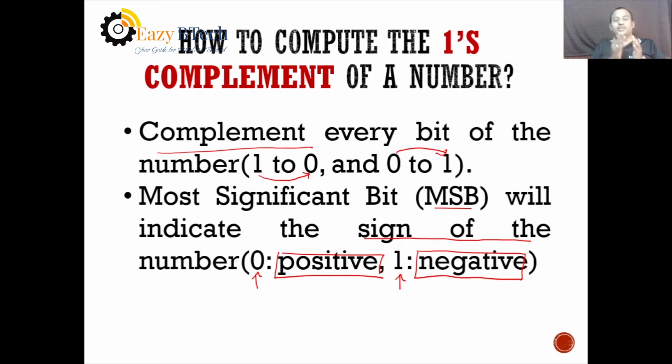So positive numbers will have 0 in the MSB position, whereas negative numbers will have 1 in the MSB position. We'll see how to represent signed numbers in 1's complement form.